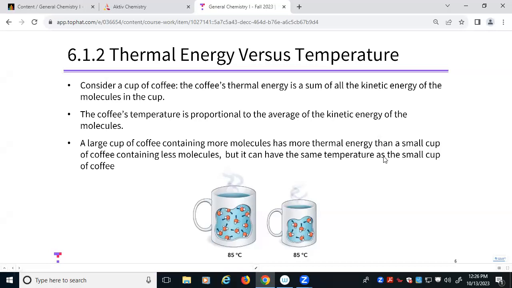However, in spite of the fact that they have the same average kinetic energy, they have very different quantities of thermal energy. Because thermal energy is not just a function of temperature, it's also a function of quantity.